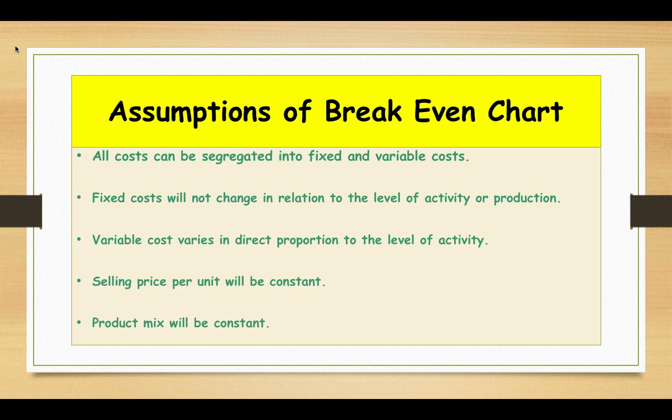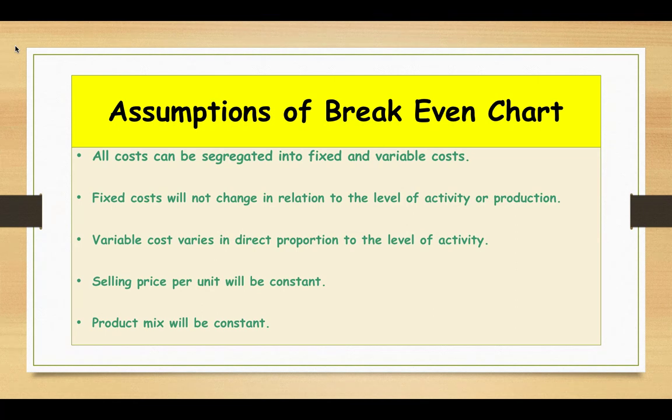Same way, the next assumption, variable cost per unit is constant. No, variable cost per unit will not be constant always. Say, for example, when you buy bulk quantities of materials, your variable cost per unit will go down because of the quantity discounts you get. And the other assumption says selling price per unit is constant, but selling price will not be always constant.